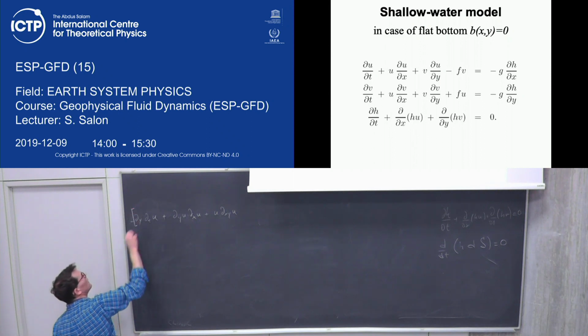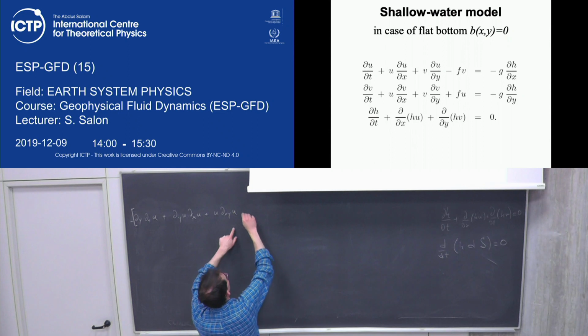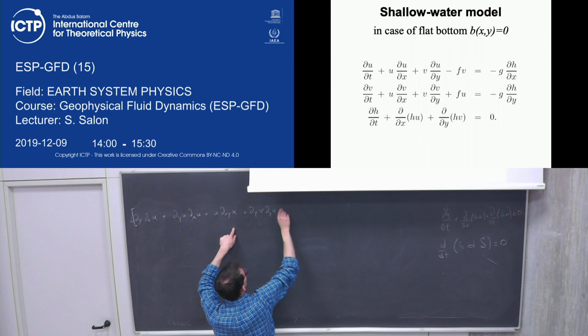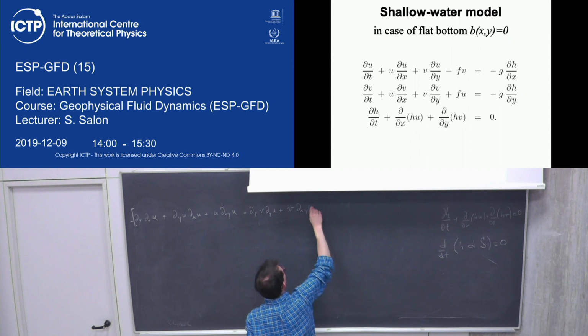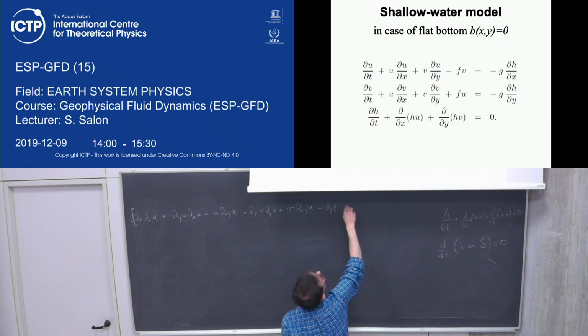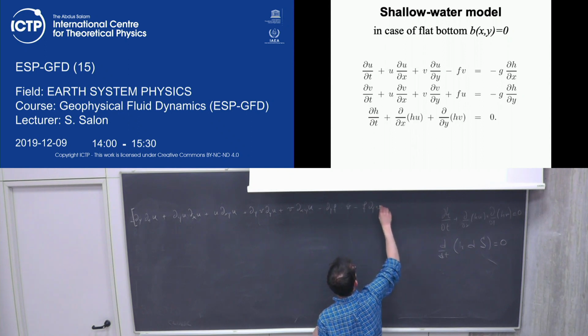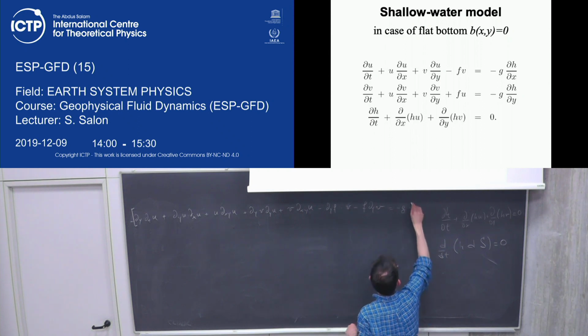Okay, let me do it like this, so we don't lose minus terms. Then d y v d y u plus v d x y u, minus d y f v, minus f d y v, equal to minus g d x y h.